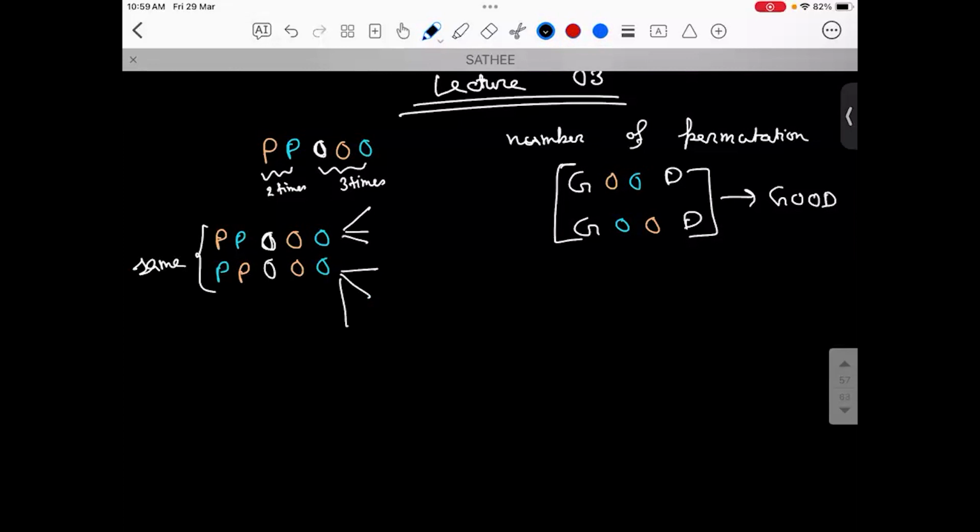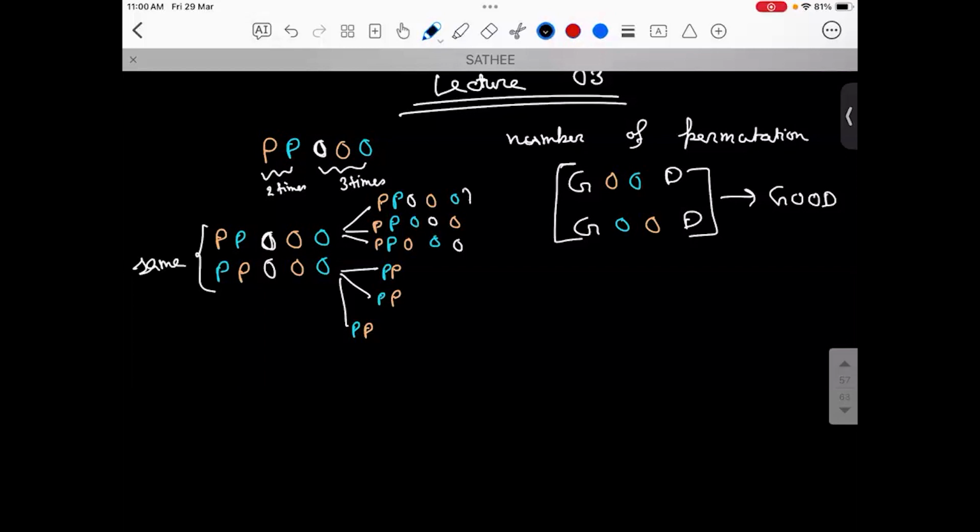For this case, I will keep the blue P and red P fixed, because for fixed P's we are finding how many different arrangements of O I can have. So here the P's are fixed, and now we are finding for the O's: here first, here second, here third, then second, third, first, and so on.